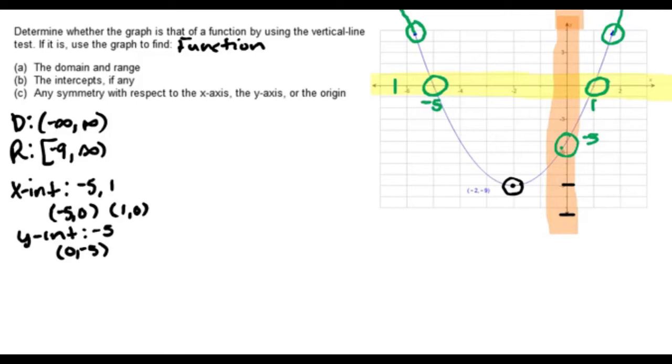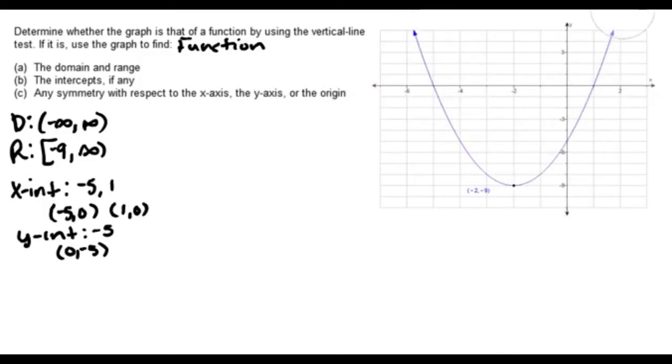And then we have our final part, which is looking for symmetry. Symmetry with respect to the x-axis, y-axis, or origin. When you have symmetry with respect to the x-axis, I'm going to erase all this. Symmetry with respect to the x-axis means if you look along the x-axis, you want to have a mirror image above and below the x-axis.